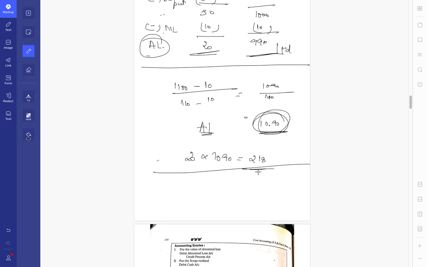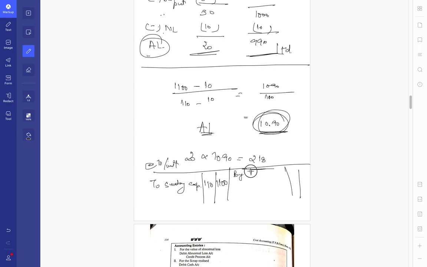So I'll just create a basic process account for you with rupees and quantity both. I'll write the total cost at 10 rupees per unit. So I'm assuming all cost to sundry expenses. How many units did we input? 110, at a cost of 10 rupees per unit. So that would give us 1100.